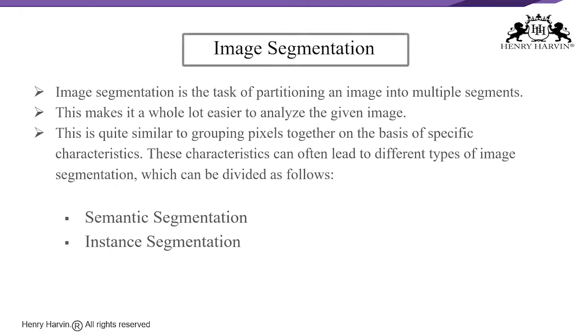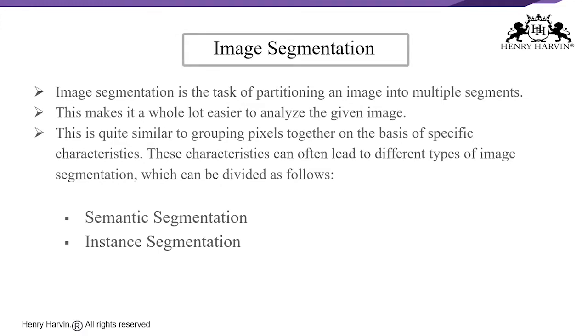So basically what we try to do here is group pixels together on the basis of specific characteristics. These characteristics can often lead to different types of image segmentation, which can be further divided into semantic segmentation and instance segmentation.